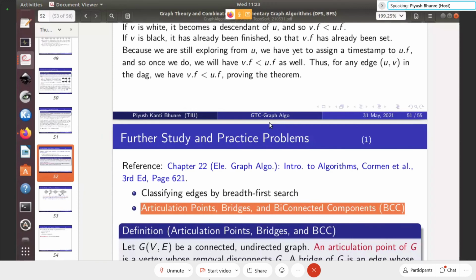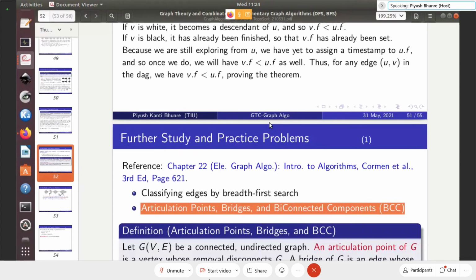I will probably not do the all pairs shortest path algorithm, because that requires dynamic programming formulations, and in your algorithm design course in the next semester you will learn that. Here we learn the greedy algorithm, which will be used for minimum spanning tree computations and also for finding shortest paths, the single source shortest path problem.